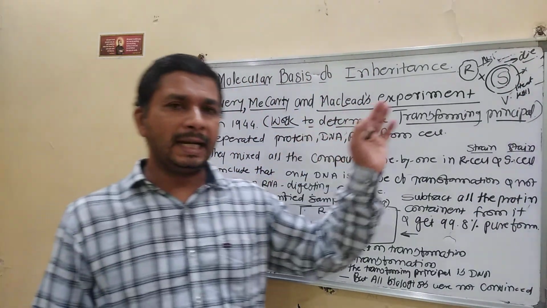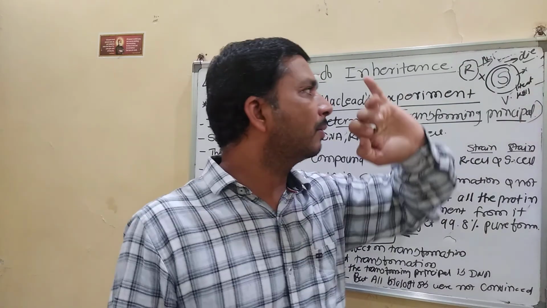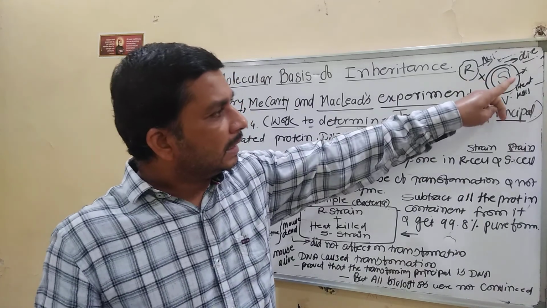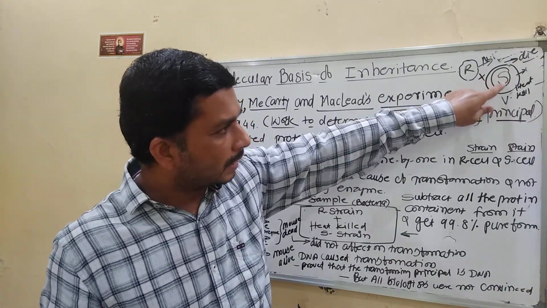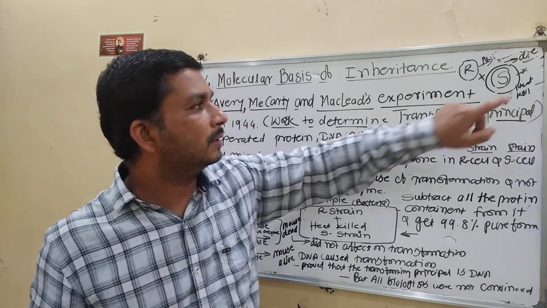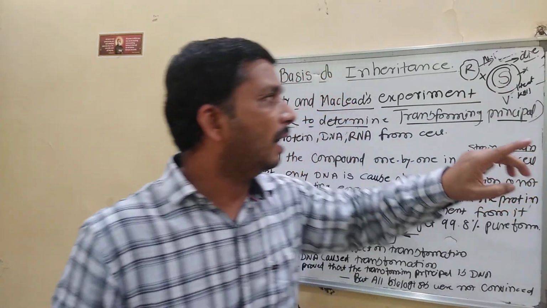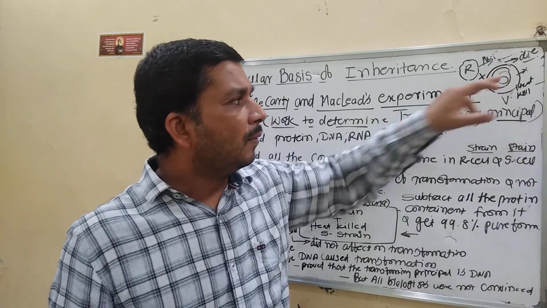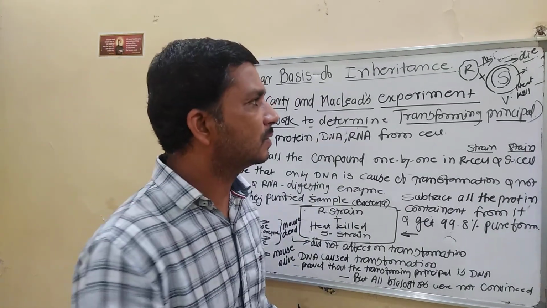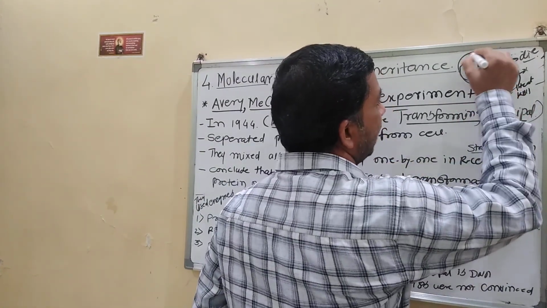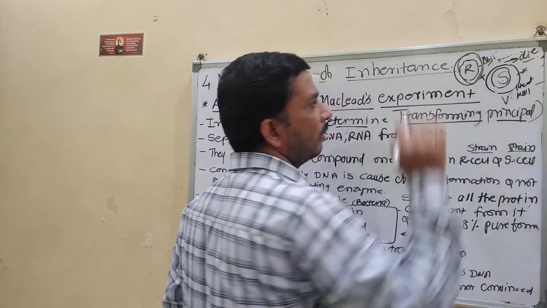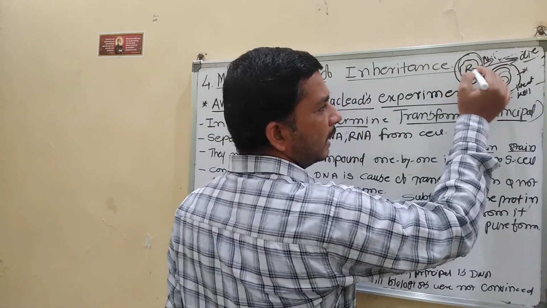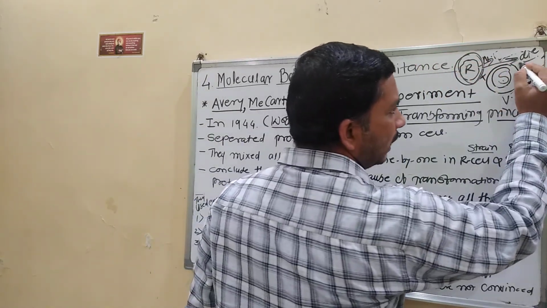Up to that we studied why the mice died. Because the S-type bacteria carry certain characters, or suppress or dominate the character of the R-type bacteria, the non-virulent nature of R bacteria is converted into virulent nature.